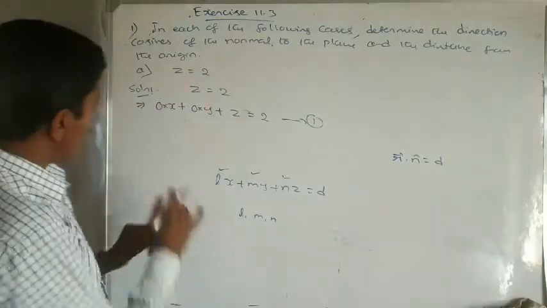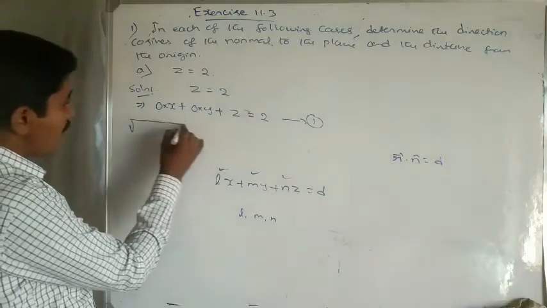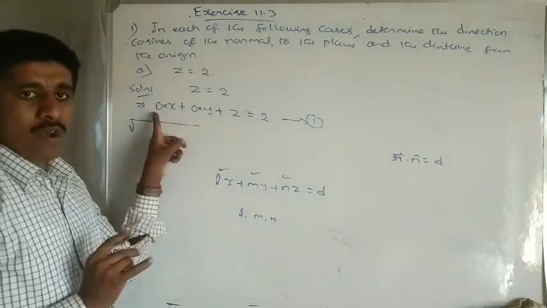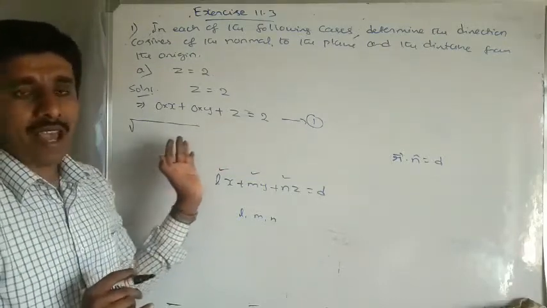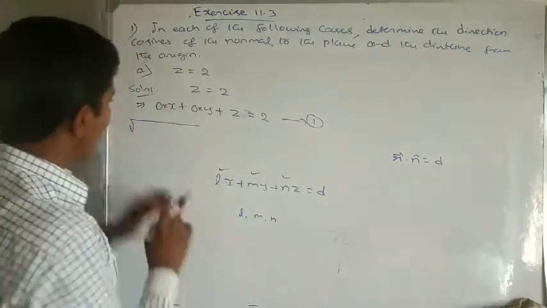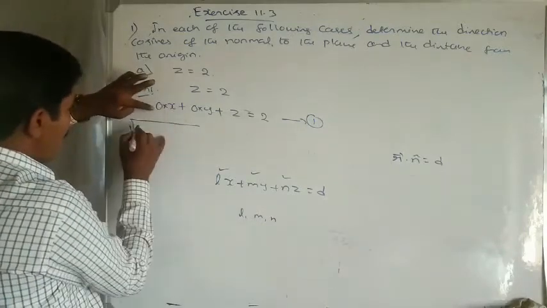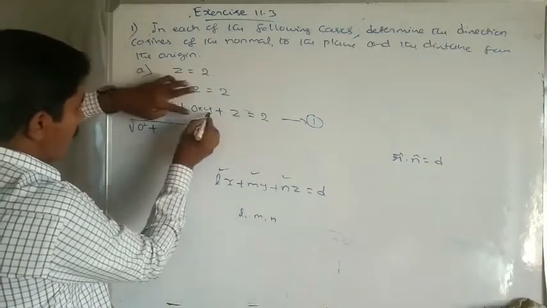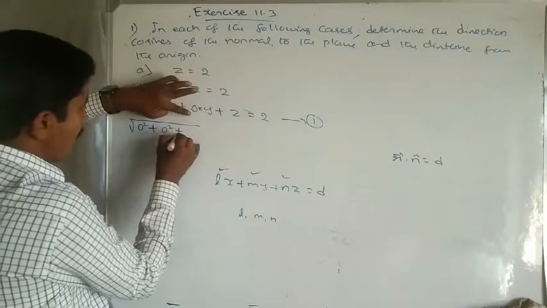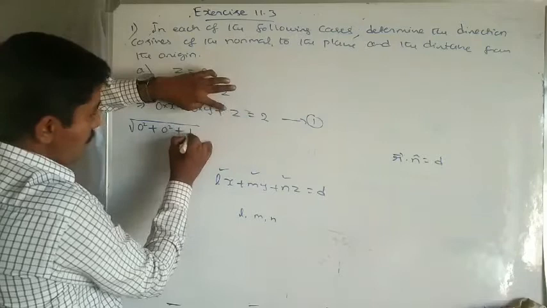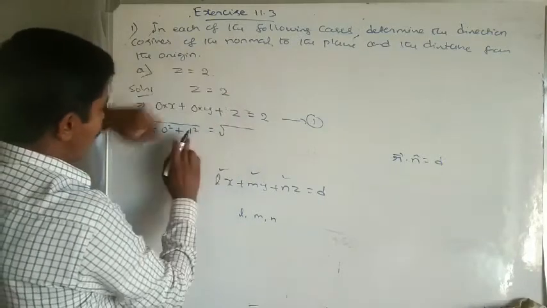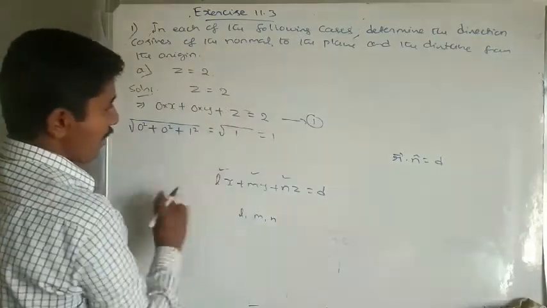Next step is the square root of x coefficient whole square plus y coefficient whole square plus z coefficient whole square, dividing by this on both sides of equation 1. Square root of 0 square plus 0 square plus 1 square is equal to square root of 1, which equals 1.